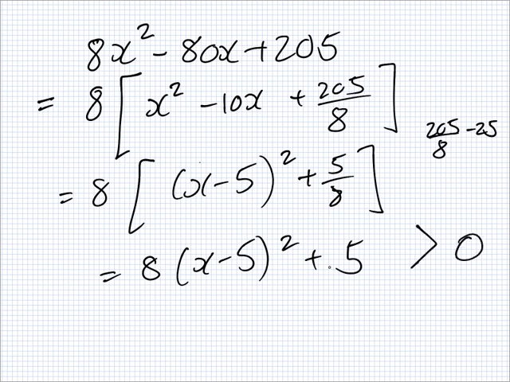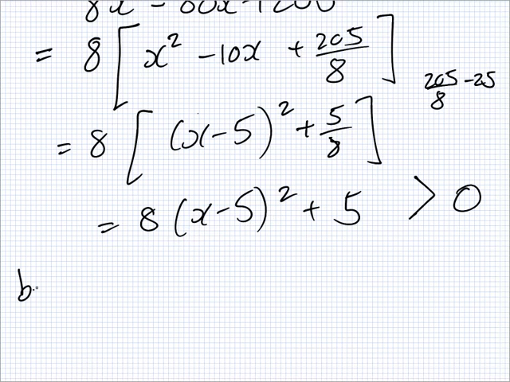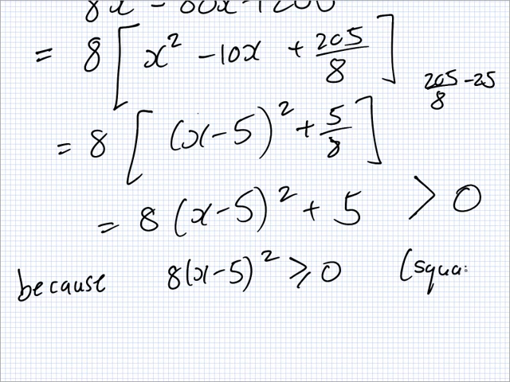The reason is that 8(x minus 5) squared is bigger than or equal to 0, obviously, because it's a square. But it could be 0, couldn't it? When would it be 0? If I picked x as 5. The 5 is obviously bigger than 0, and obviously not 0.